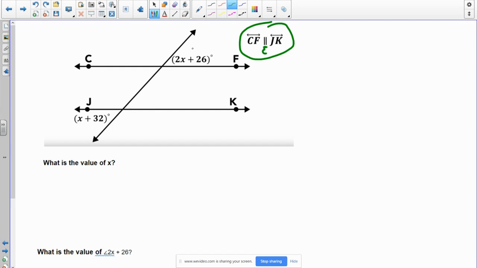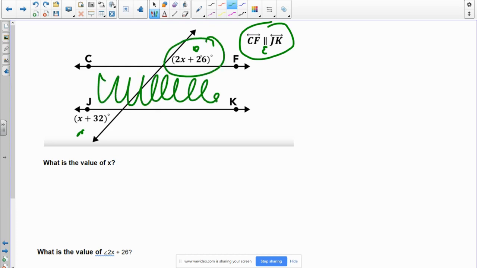So looking at this angle and looking at this angle, think to yourself, what kind of angles are these? And are they congruent, or do they equal 180 degrees? Well, I know from studying all the vocab I've already studied this lesson, that these are alternate exterior. So notice they're not the inside of the parallel lines, they're outside.